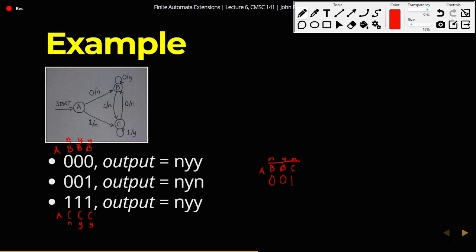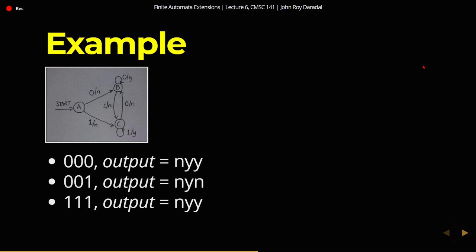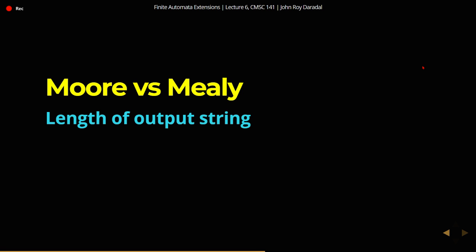Okay, so that's how you process your Mealy machine inputs. So every time you pass through a transition, you attach the associated output for that transition. Okay, so pretty simple. Okay, so that's it for Mealy machine.